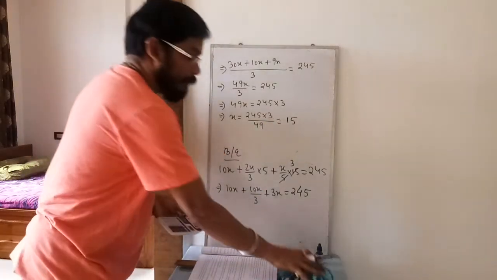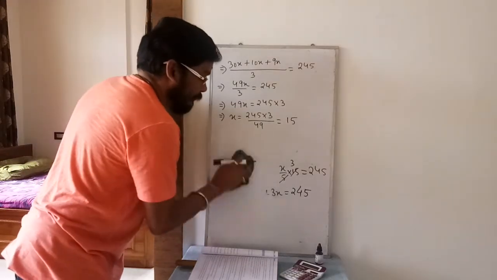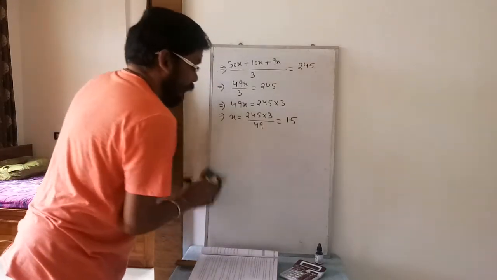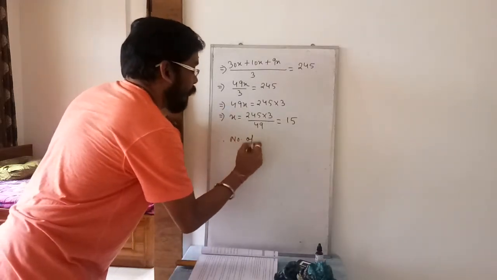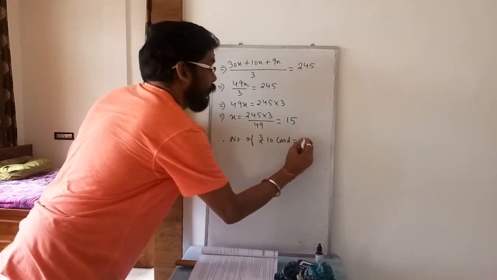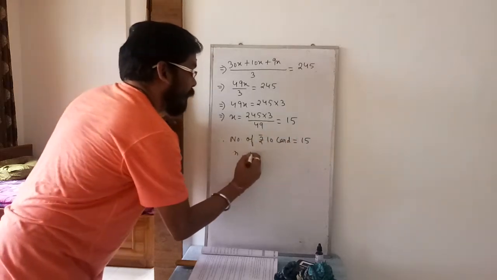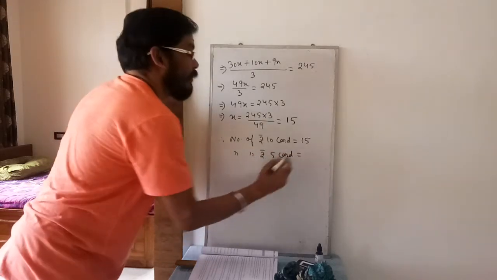So the x value is 15. What was your x? The 10 rupees card you have taken as x. Therefore, the number of 10 rupees cards equals 15. The number of 5 rupees cards was 2 by 3 x.